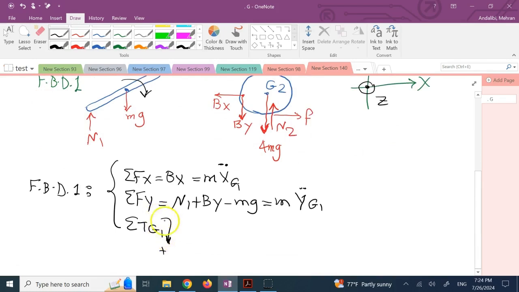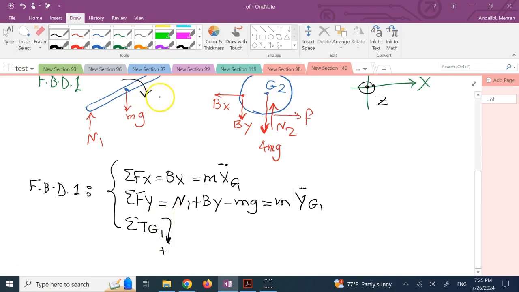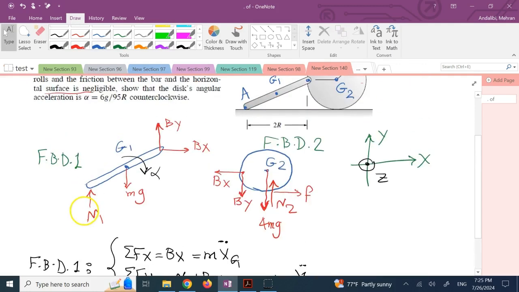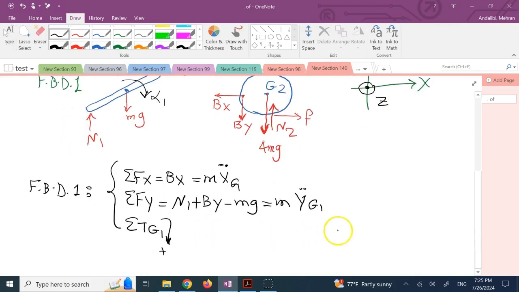But if you want to make the rotation counterclockwise positive, which is fine, you have to know that your object is going to go like that, because initially you're starting from rest, so your alpha of this member is going to be like that. If I call it alpha 1, this alpha 1 is clearly going to be clockwise. So when you write it equal to I about G1 times alpha 1, you have to know that alpha 1 is negative.